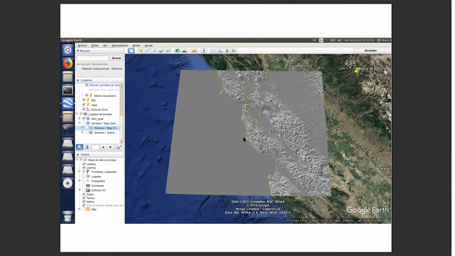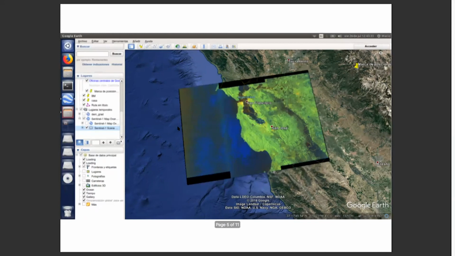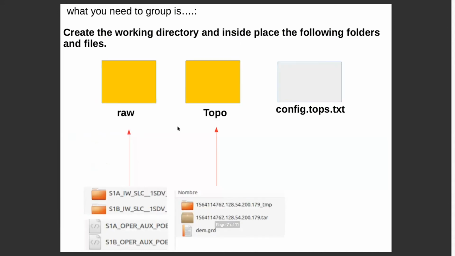This is the digital elevation model, and this is the first day of imaging, and this is the second day. This is all the data. Then you need to aggregate the information.